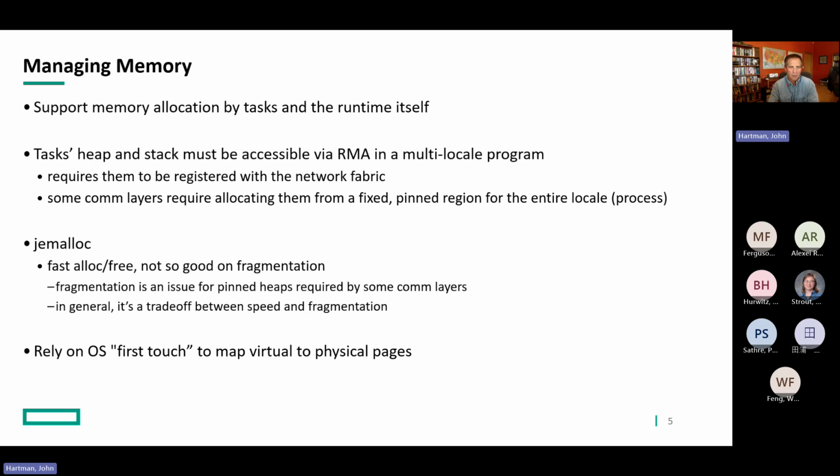So to a certain extent, we're going to rely on what the operating system does in terms of mapping virtual pages to physical pages, because we can't directly control that. So there's not a lot to say about the memory. It basically implements malloc and free and does that efficiently and has hooks into the network system to make the memory accessible from other machines. Like I said, I'll discuss that more in a minute.